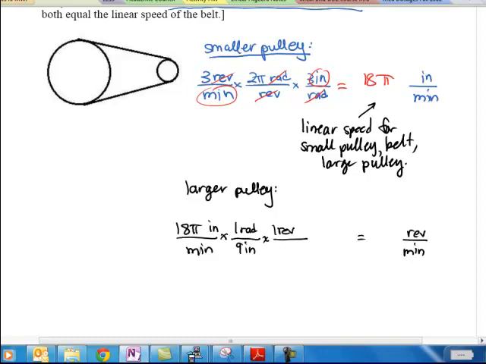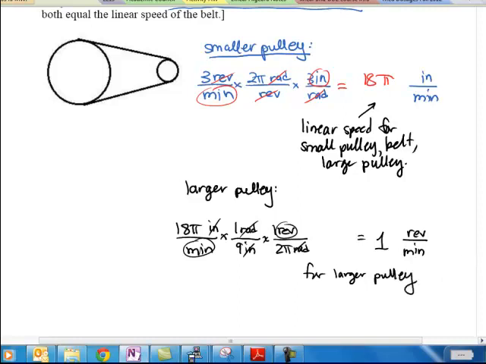So 1 revolution is 2 pi radians. Then the inches would cancel, radians will cancel, we'll have revolutions per minute just like we want. So it looks like we've got 18 pi in the numerator and 18 pi in the denominator, so we end up with just 1 revolution per minute for the larger pulley.